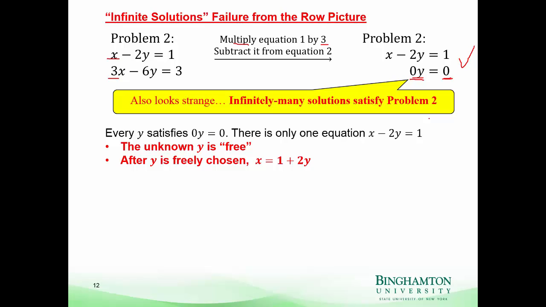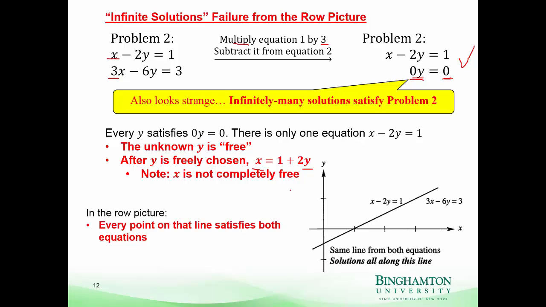And then once we choose a specific y value, then we can figure out which x value corresponds to that selected y value. But there's nothing constraining us from picking certain y values. We can pick anything we want. But x is not completely free because x must be chosen so that whatever y you pick and put here will determine the corresponding x.